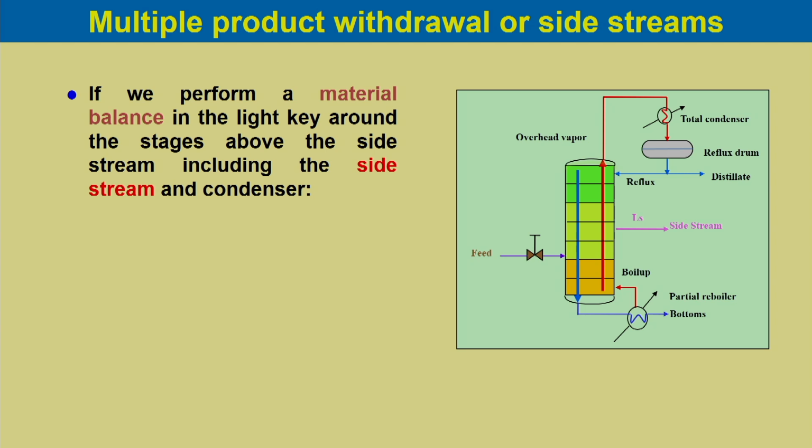If we perform a material balance in the light key around the stages above the side stream, including the side stream and condenser, we can write G n plus 1 into y n plus 1 would be equal to L n x n plus L s x s plus D x D. So, this is including the side stream, an envelope over here above this.